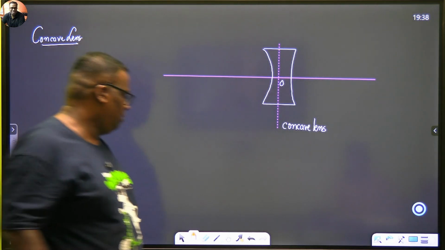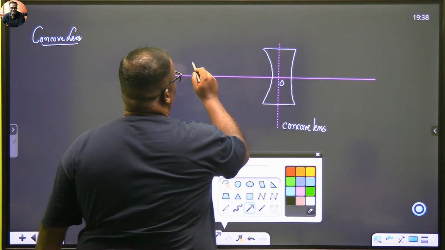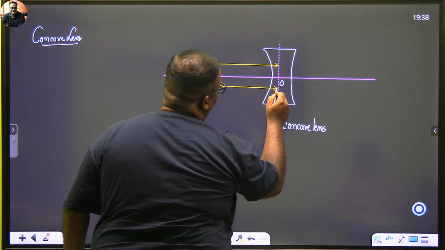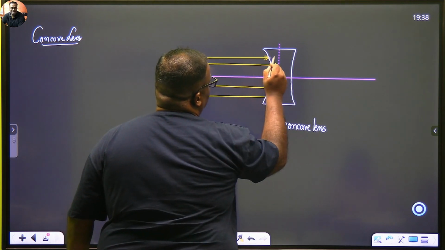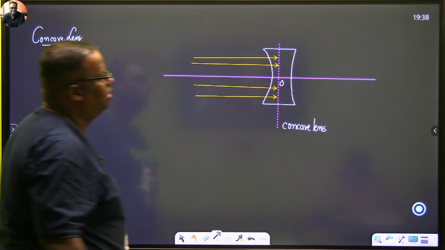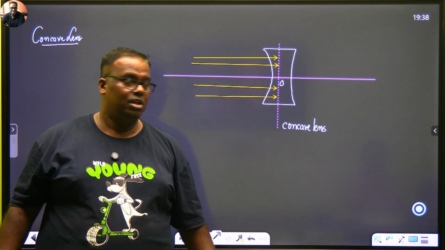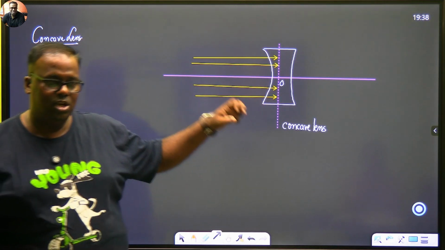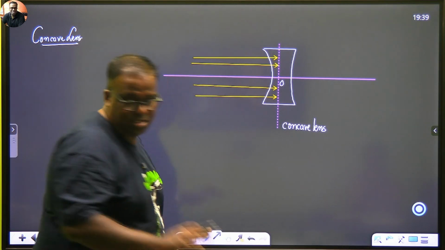So let's take our parallel beam of incident rays. I have taken one ray, I have taken one more, and they should be close to the principal axis. So 4 rays. Now I'll do a little bit of jugglery, otherwise I won't be able to balance out the figure. Now this lens is known as a divergent lens. Don't expect that this lens will converge the rays. What is this lens going to do? This will diverge the rays. So when it diverges, please don't draw anything.